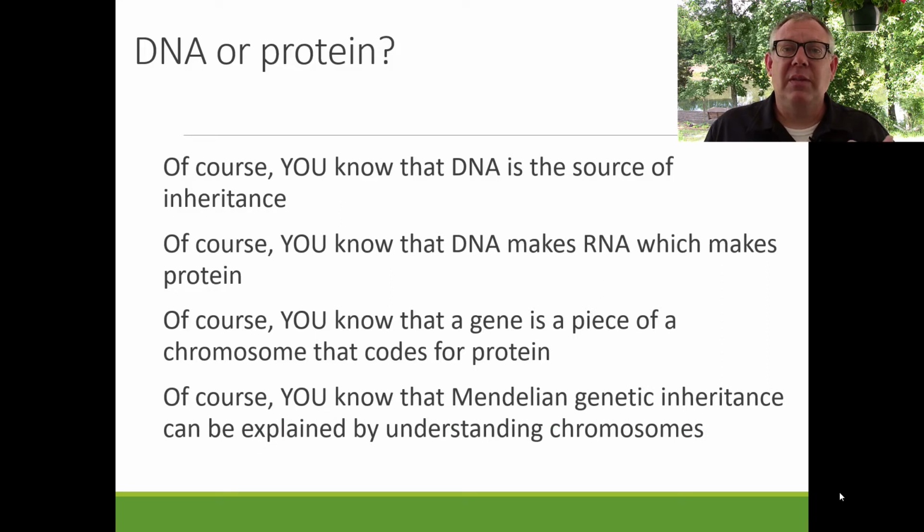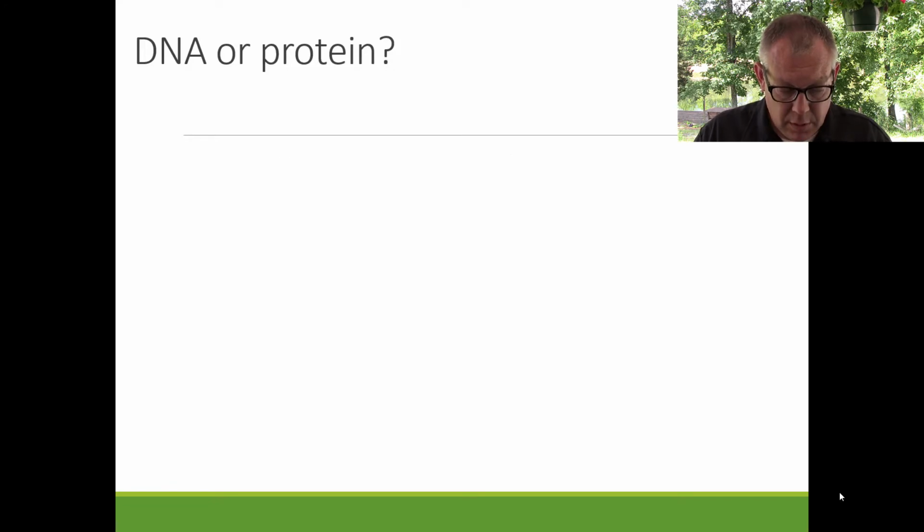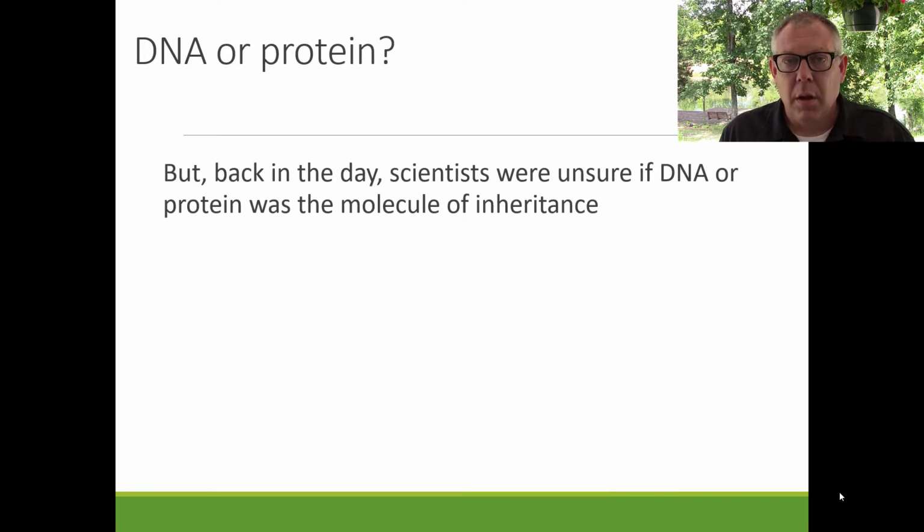And you know that Mendelian inheritance and the laws of genetic inheritance that Mendel came up with can be explained by understanding chromosomes and their movement during meiosis. But of course, we didn't always know all of this. And so in the early 20th century, in the early 1900s, scientists were not sure what was the molecule of inheritance.